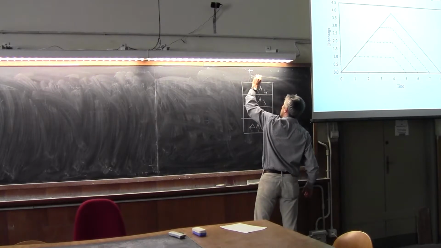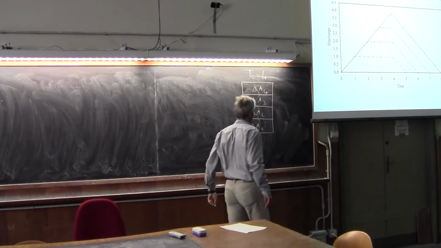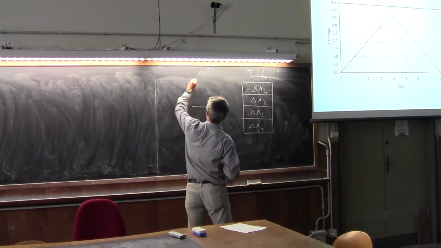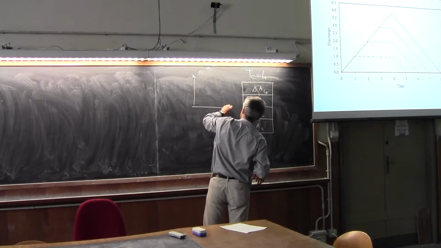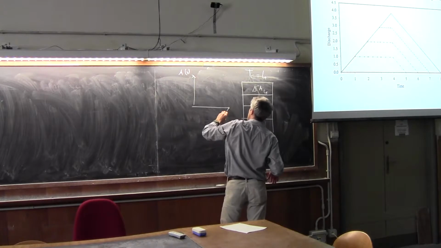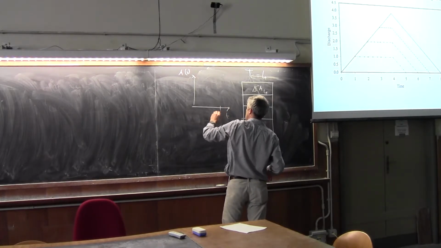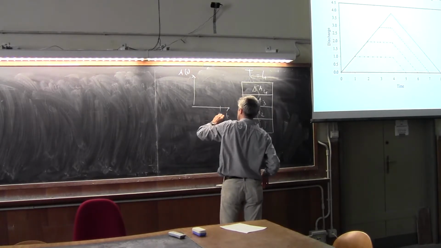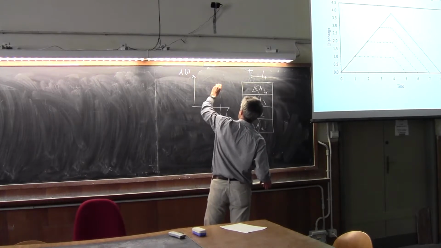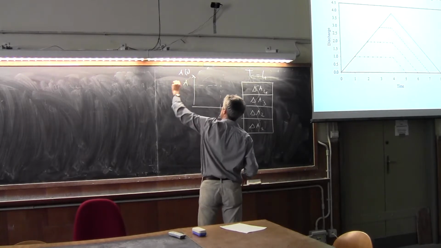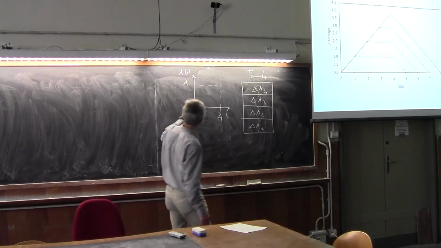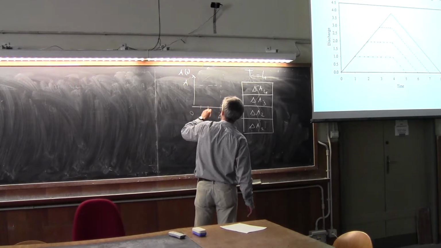The time of concentration is 4. And if you want to write down the area time curve, A is the total area of the catchment. And here you have 0, and then 1, 2, and 3.